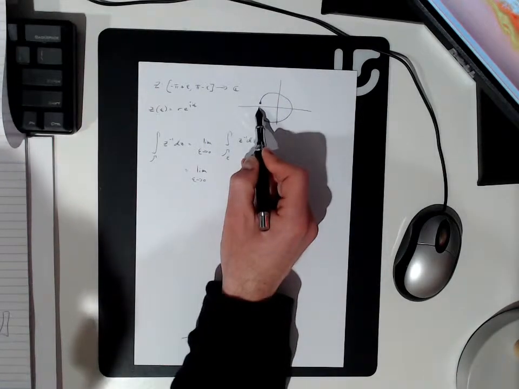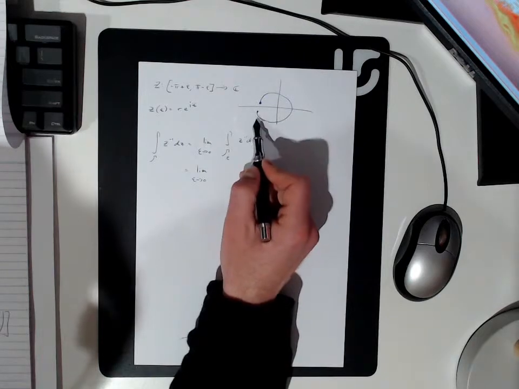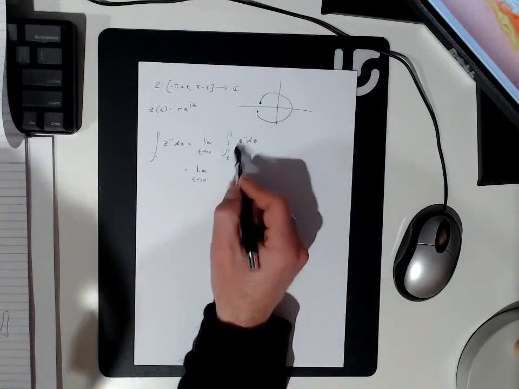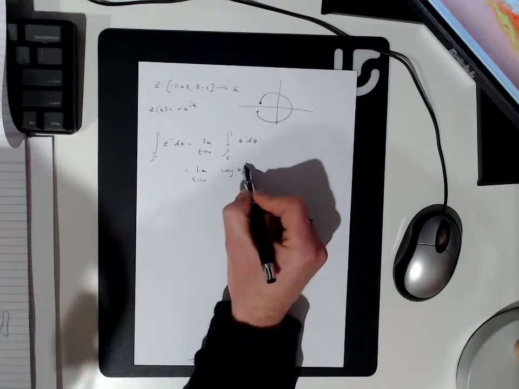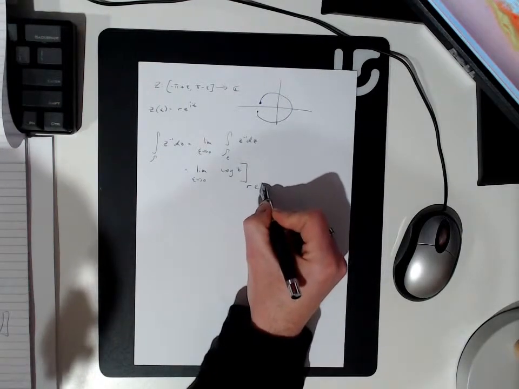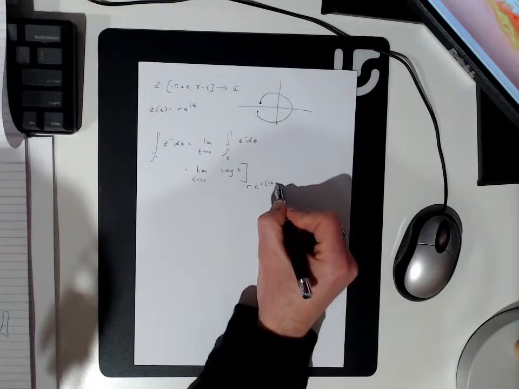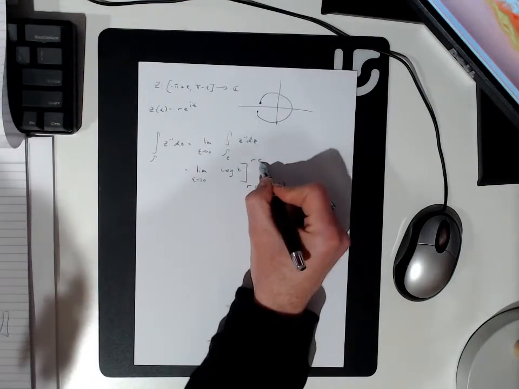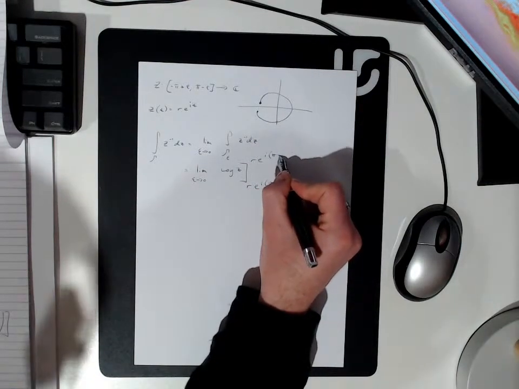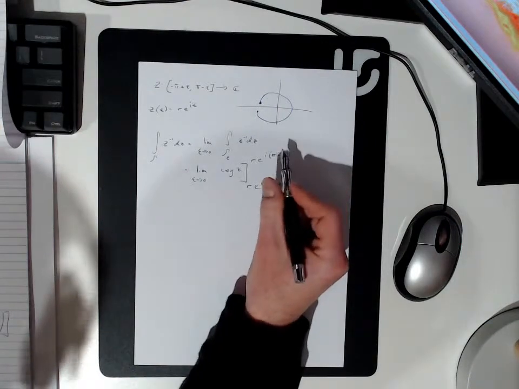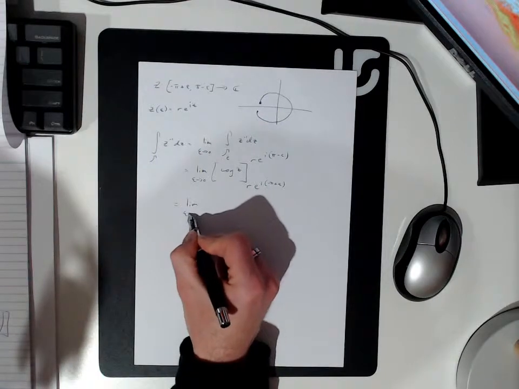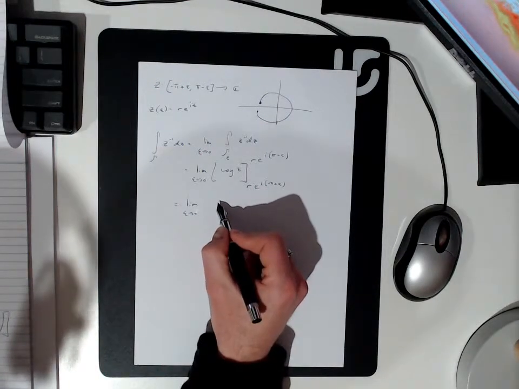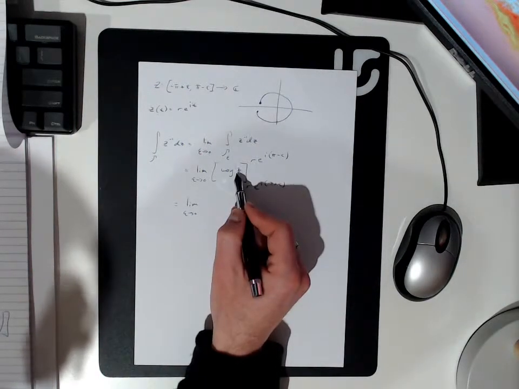Because this curve lies within the appropriate domain, this is just going to be the antiderivative. So this is log of z evaluated between r e^(i(minus pi plus epsilon)) and r e^(i(pi minus epsilon)). So this is the limit as epsilon goes to 0 of, well, we plug this into log.